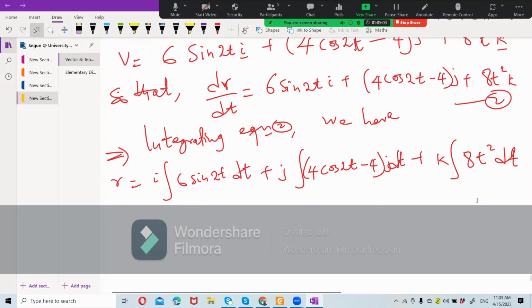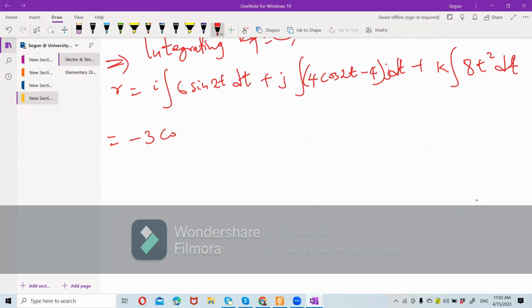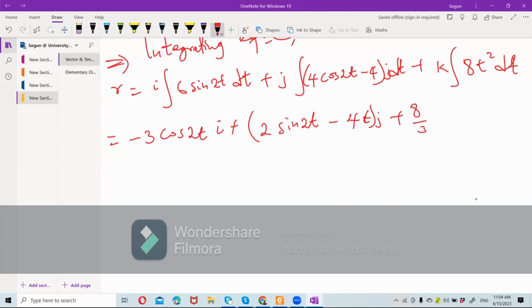So if you integrate this one, what do we have? We are going to have negative 3 cos 2t i plus 2 sine 2t minus 4t j plus 8 over 3 t cubed k plus C2.